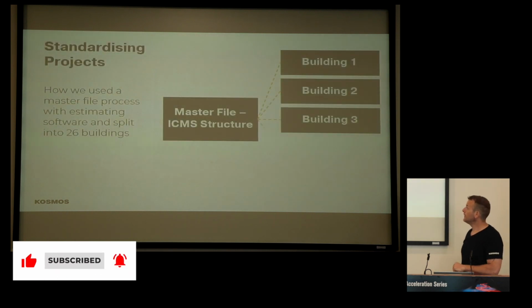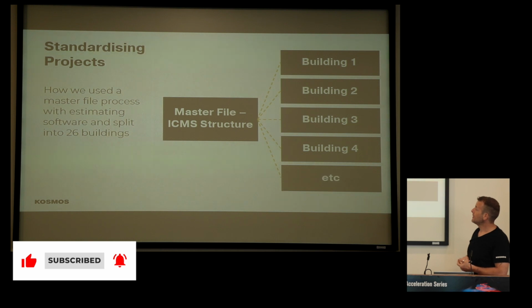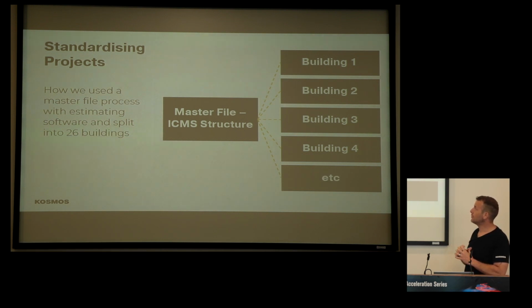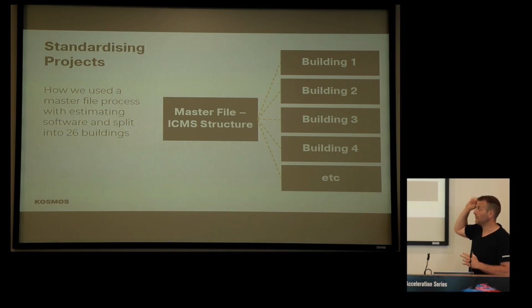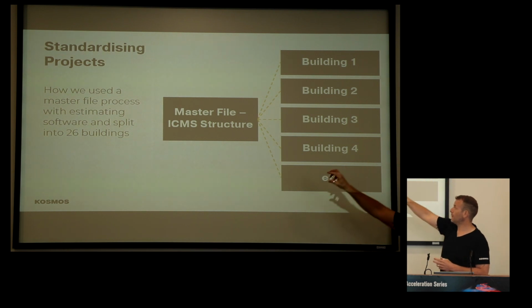ICMS, we embed that as our standard structure, as I mentioned before. And we have set it up as a master file within our estimating software. And I have an example of a project here that we have used, and I'll get into a little bit more detail. So ICMS is a structure we've embedded under each of the different building types within this particular project, meaning that we can revert back to a master file.